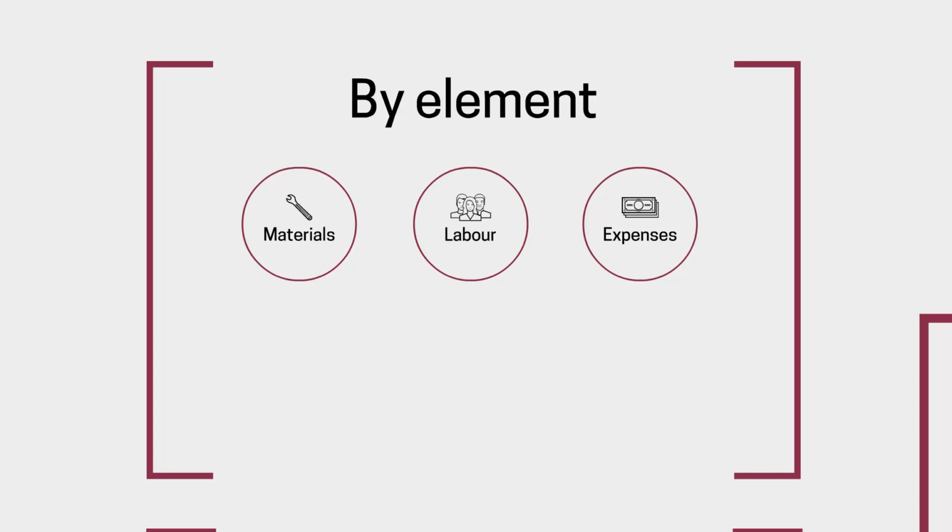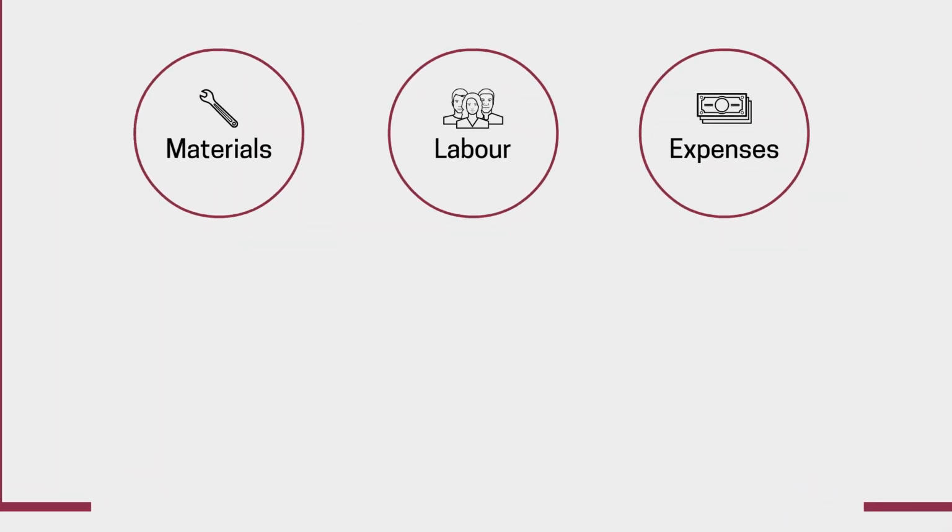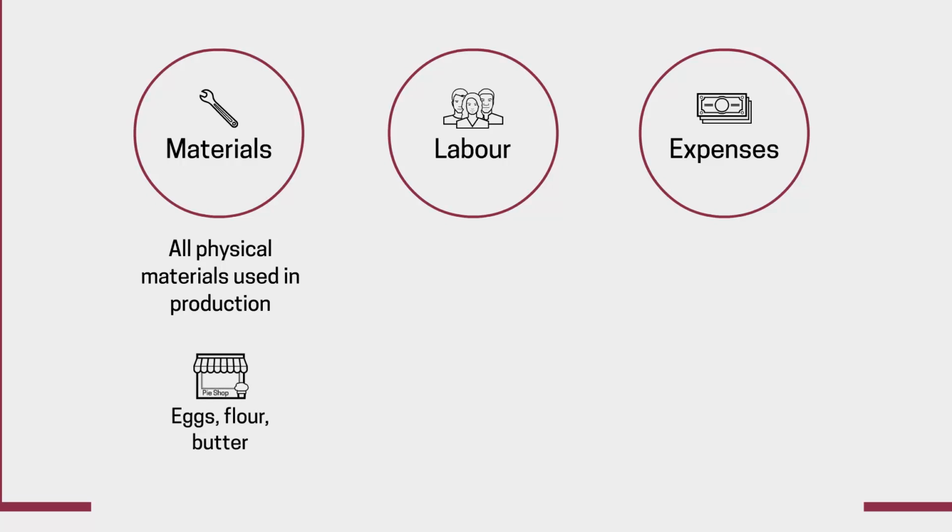We're going to use the example of a company that produces pies, a shop that produces various different types of pies. When we're looking at the materials for a pie shop, it would be all the physical materials that are used in production, the actual ingredients that go into the production of each individual product. So this would be things like the egg, the flour, and the butter.